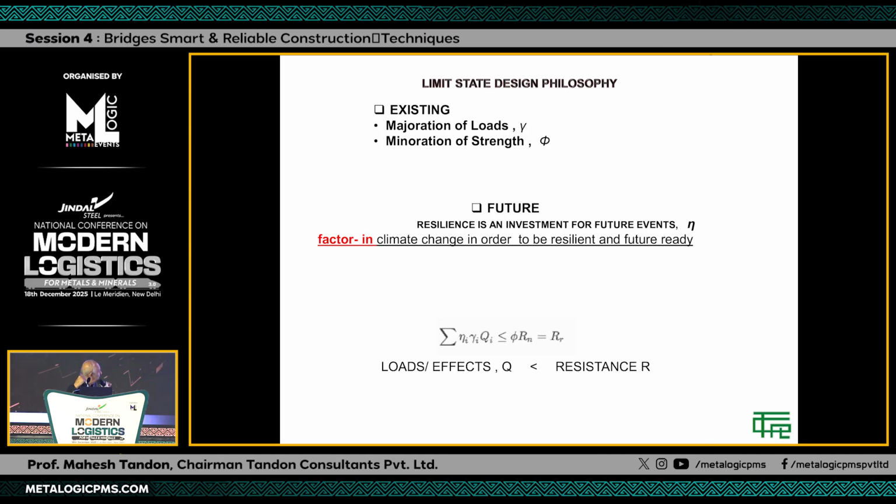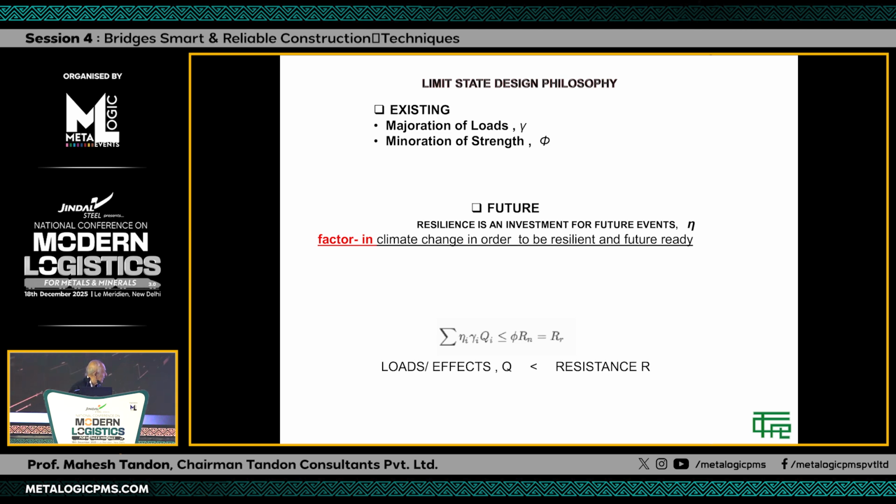So, in the future, what we have to do is that apart from the existing things that we are doing, we have to factor in climate change in order to be resilient and future ready. If you are mathematically minded, you can see that equation below.